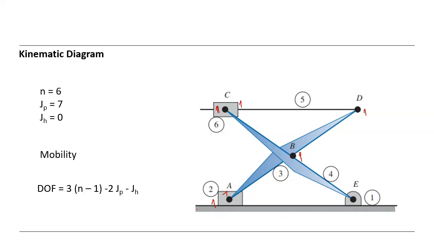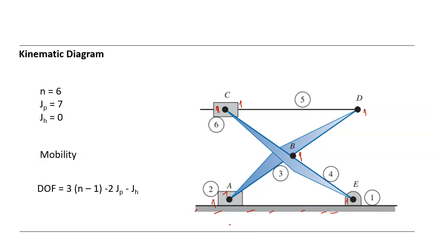So grounded means this is also 1 degree of freedom, a pin joint. So how much in total? 1, 2, 3, 4, 5, 6, 7. So 7 primary joints.